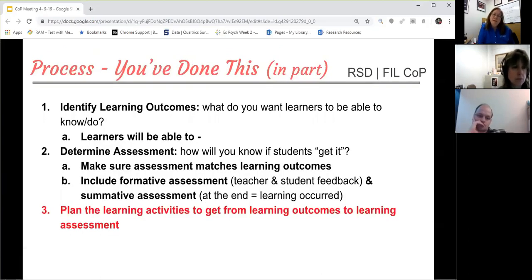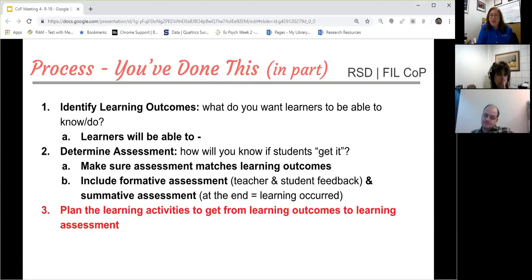And there's a process that we can use to do this, and there's a process that you folks have been engaged in, and you've done it in part. And that is to identify what it is you want the students to be able to know and do. So at the end of this lesson, at the end of the class, at the end of the unit, what will learners be able to do?